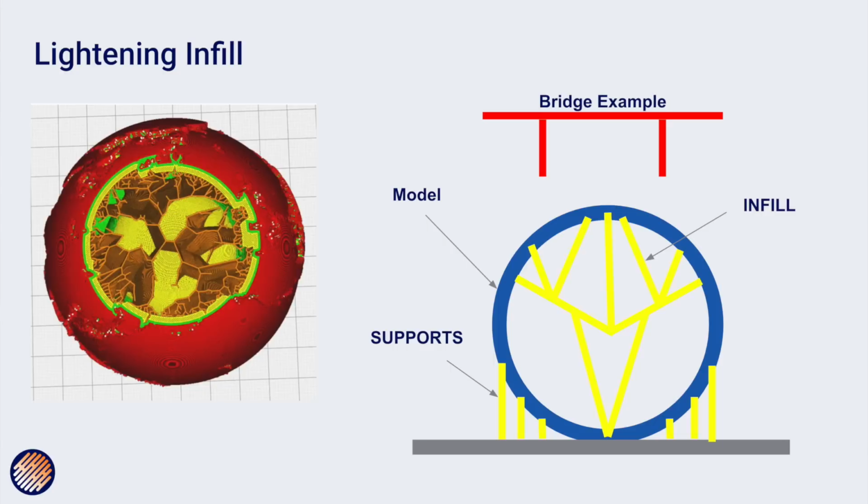So if you were to add a tree-style infill, and that's called lightning infill, and it was introduced first in Cura, open source, and then copied with an acknowledgement from Prusa into version 2.5 of Prusa. So lightning infill is when you don't care about your model being extra strong, you just want it to not collapse. So it uses the minimal amount of infill in a tree-like structure to support all of the features.